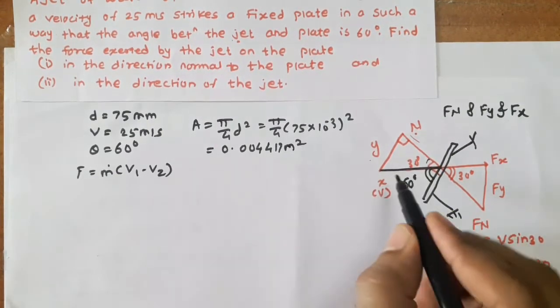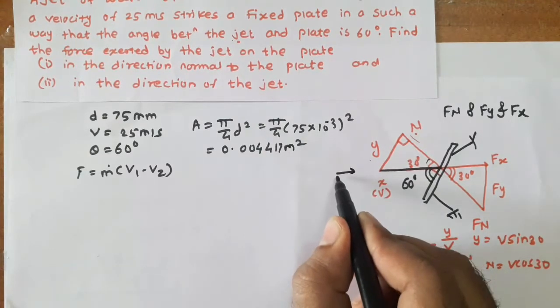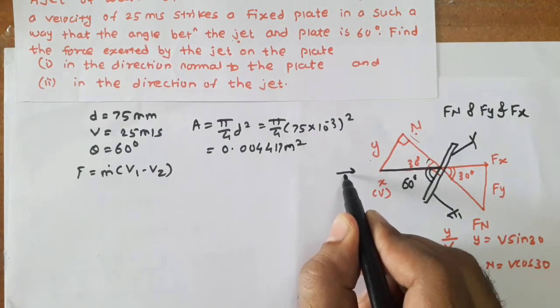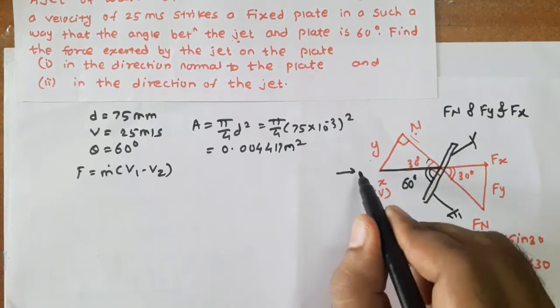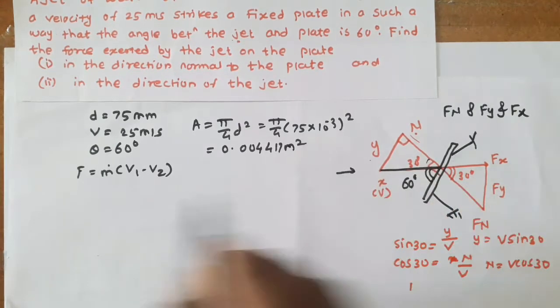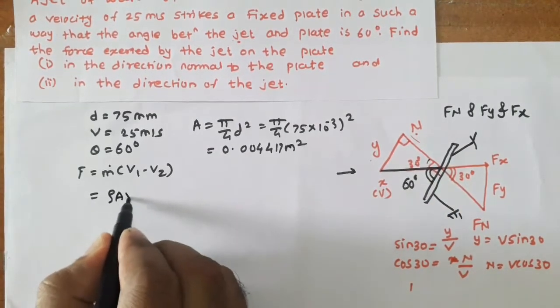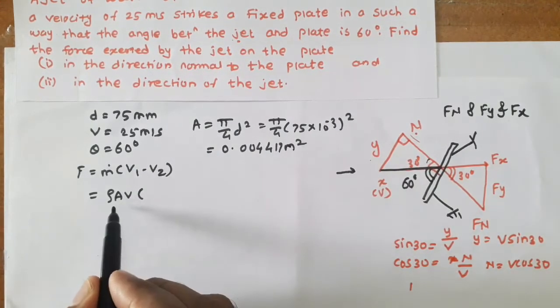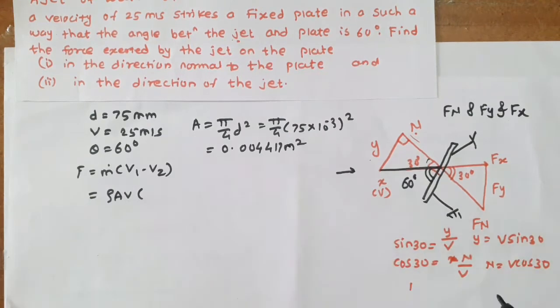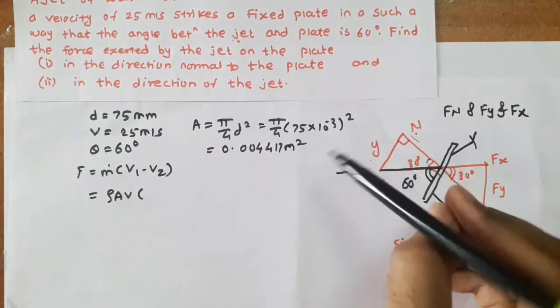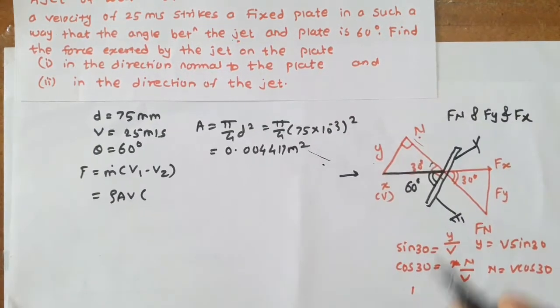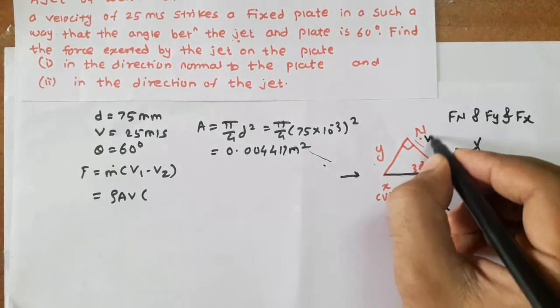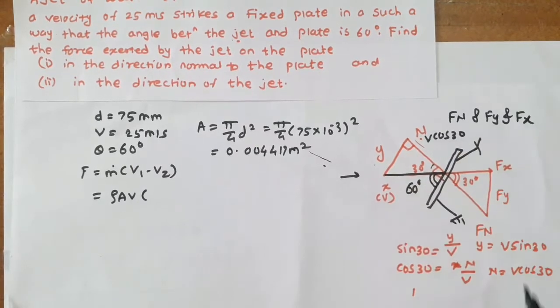In this case, the water coming out of the nozzle will 100% strike the blade. So the m dot quantity is the same, rho AV. The water discharged from the jet is rho AV or rho Q. Now the V1 value along the normal direction is V cos 30, because the n value is V cos 30.